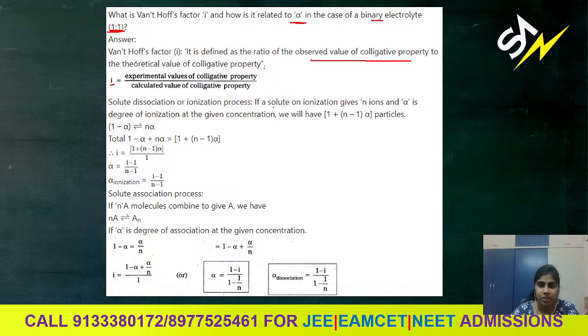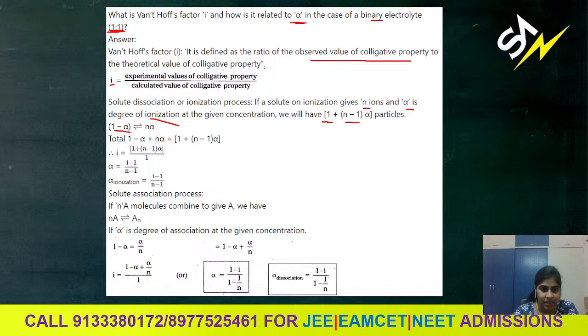If a solute on ionization gives n ions and alpha is the degree of ionization for that solute at a given concentration, how many total particles do we have? 1 plus n minus 1 of alpha. This n minus 1 of alpha are the dissociated particles.